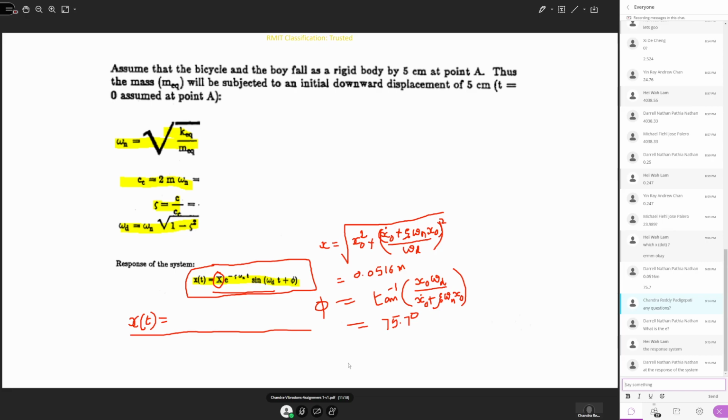E refers to the exponential. The value of e will be about 2.71 something. So this is the exponential.